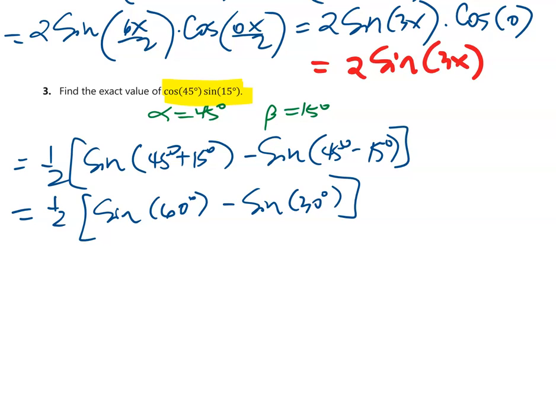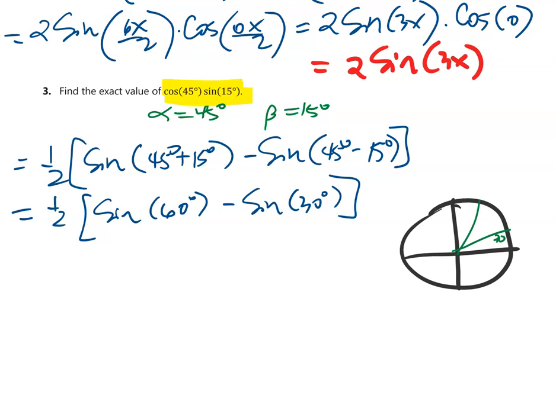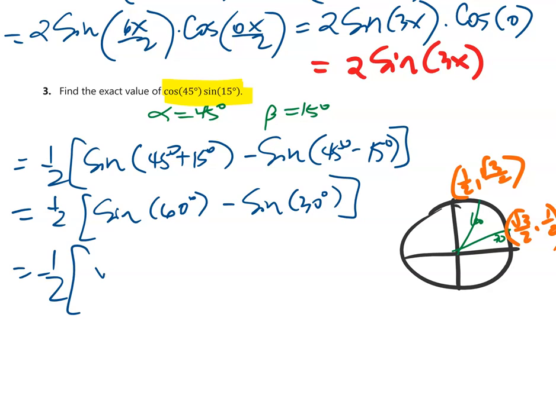So remember, in a unit circle, this is 30 degrees and this is 60 degrees. For 30, we have here square root of 3 over 2 and 1/2. For 60, we have 1/2 and square root of 3 over 2. So sine 60 is, yes, square root of 3 over 2, and sine of 30 is 1/2.